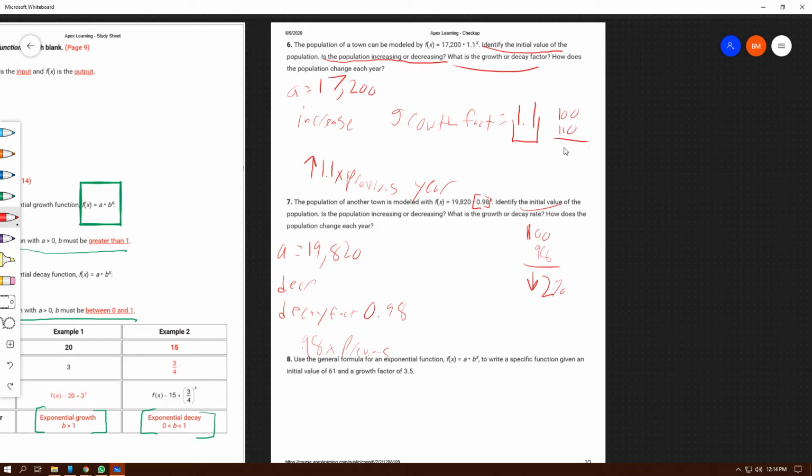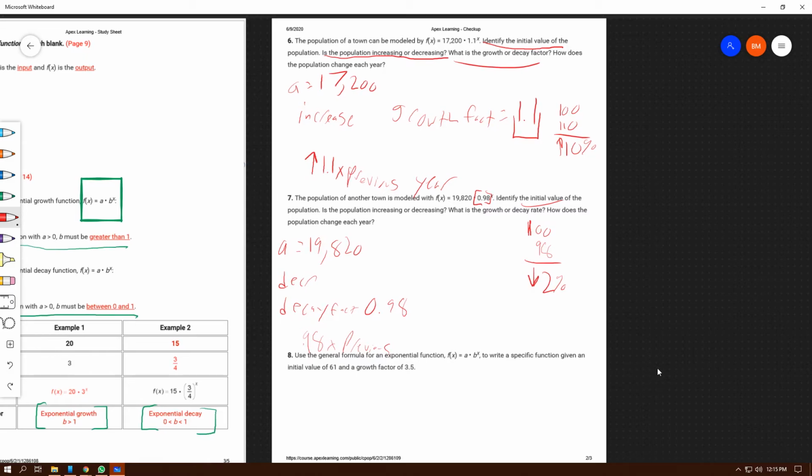The difference between 100 and 110, which would be the 1.1, if I just move the decimal over, is a difference of 10%, and this is an increase of 10%. Whatever is changed from 100, so 1.1 is a 0.1, is a 10% increase. 0.98 is a 2% decrease. Whatever is missing from 100 is what I'm actually changing each year.